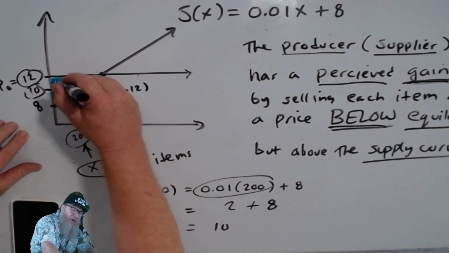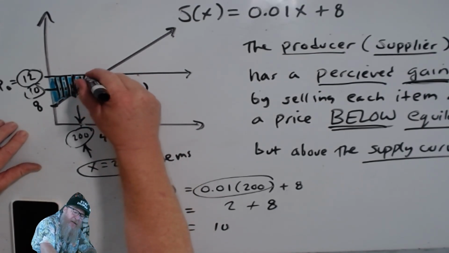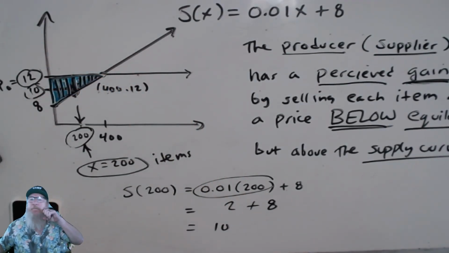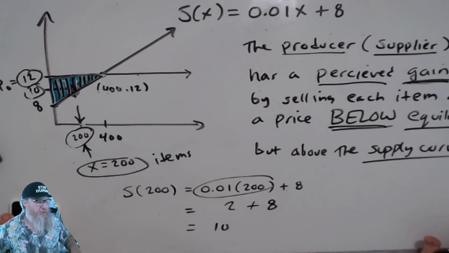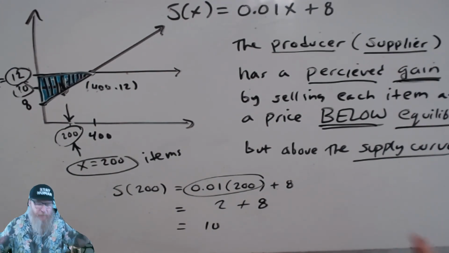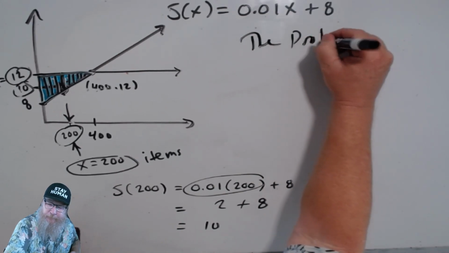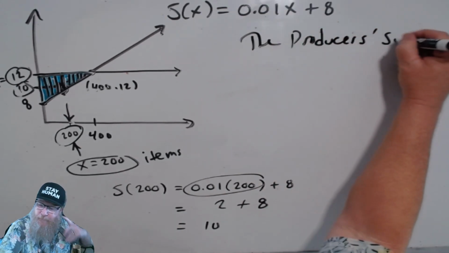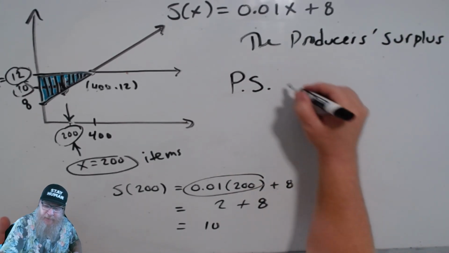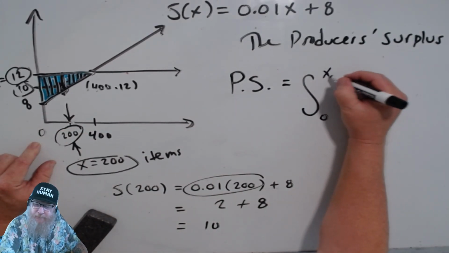As you get closer and closer to the axis, there's all these different possibilities until you reach the equilibrium point. So you have all these possible gains, or perceived gain, from the producer. So we call this producer's surplus, PS, I guess. And that's going to be the integral from 0 to x0.